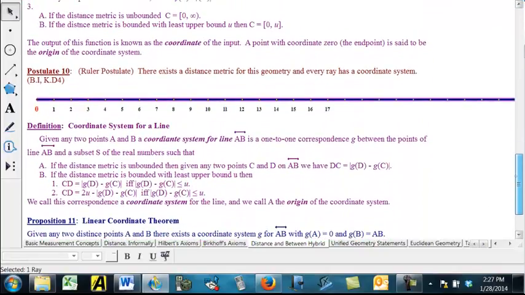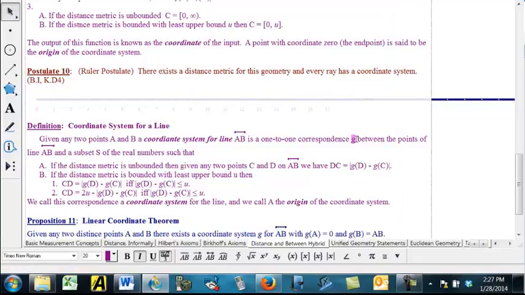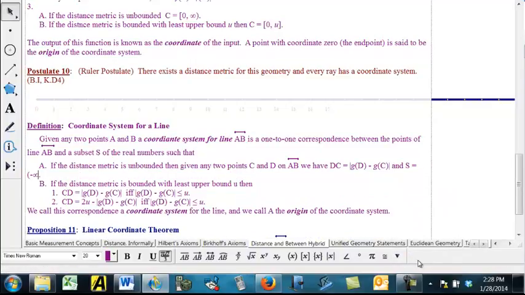Now we'll make a definition for a coordinate system for a line as well. Given any two points A and B, a coordinate system for the line AB is a one-to-one correspondence between the points of line AB and a subset S of the real numbers, such that if the distance metric is unbounded, then given any two points C and D on AB, we have DC equals G of D minus G of C, and S equals the entire set of real numbers from negative infinity to infinity.